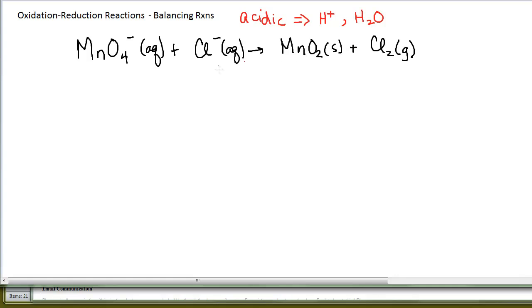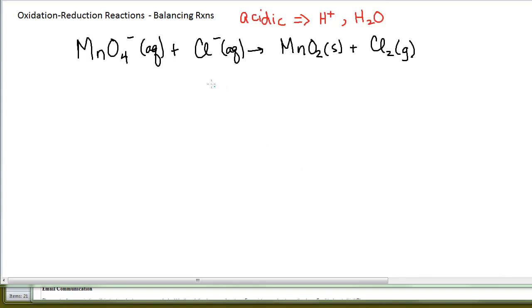Even though they're participating, they may not be written in the skeleton of the redox reaction. And so what we want is a way to balance this redox reaction that allows us to take into account that there may be some H pluses or some waters that are participating.